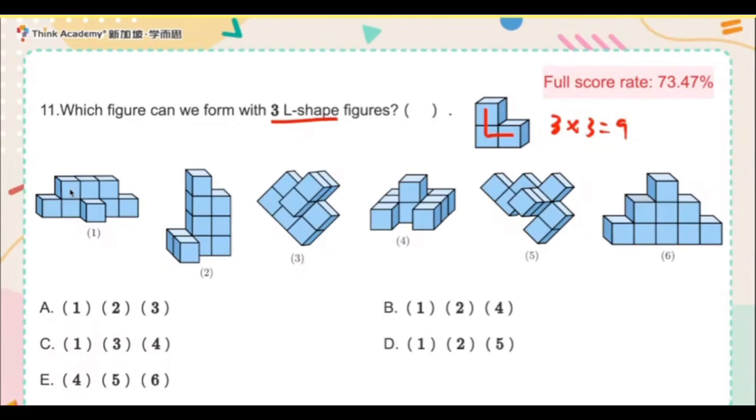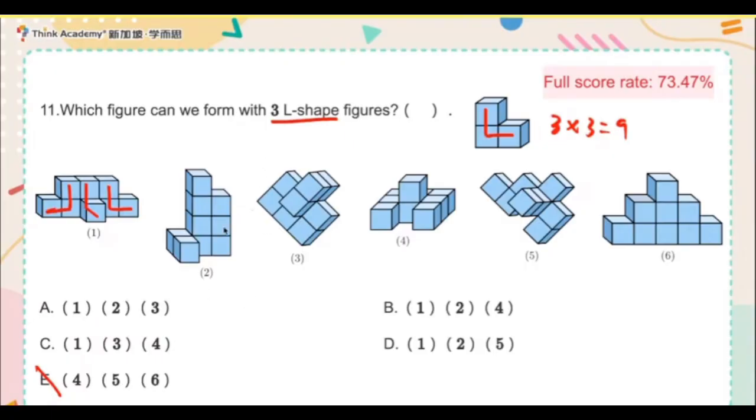So as for the first one, we can observe like this, and then another one in between, another one on the right side, right? So this figure, we can do it. So you can see which option doesn't have the first one, then you can cross it. We can cross option E. This can never be the correct answer, right? Then let's have a look.